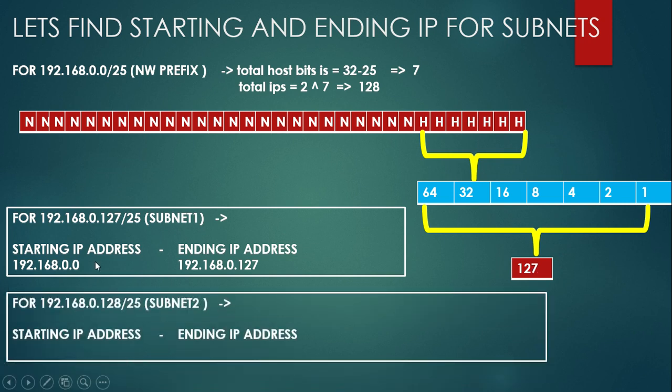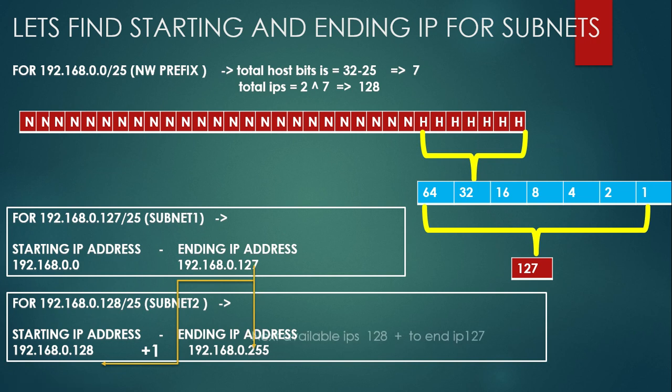We already know that if we add 1 to 127, we get the next IP address, that is the starting IP address for subnet 2. So here we added 1 to 127, right? We already have 128 IP addresses in the next series, so the next available IP address is 128. If you add this to 127, we get 255. This is how you find the starting and ending IP addresses for a subnet.